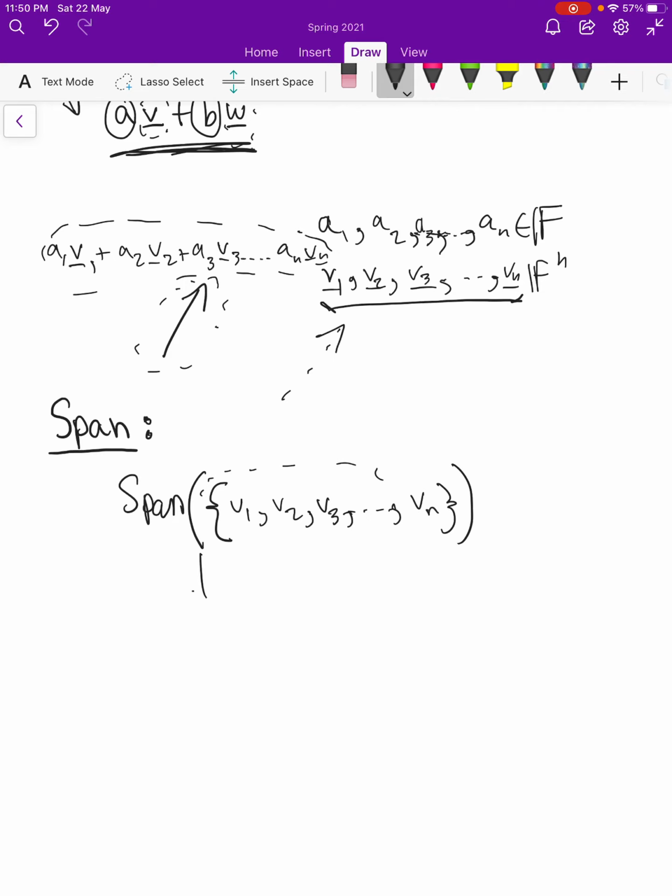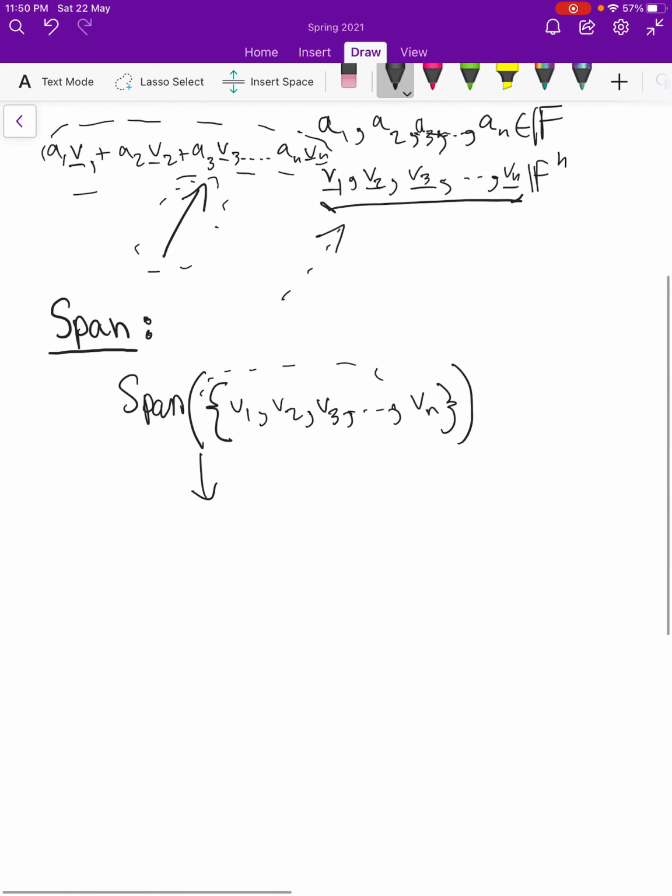this part. Now this essentially means we can have any scalar coefficient with these vectors. It's basically the linear combination of any scalar a values as a set.